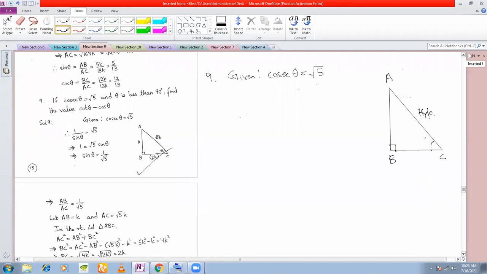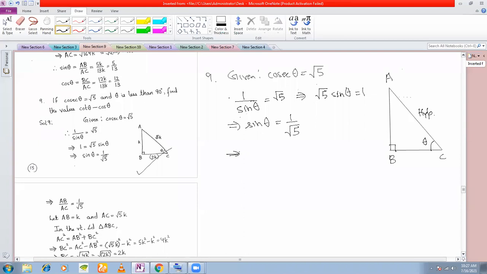Let's take this angle as theta. So if cosec theta is equal to root 5, that means sin theta is 1 by root 5. Cross multiplication gives root 5 sin theta equal to 1.